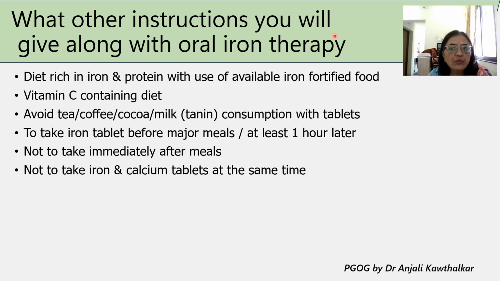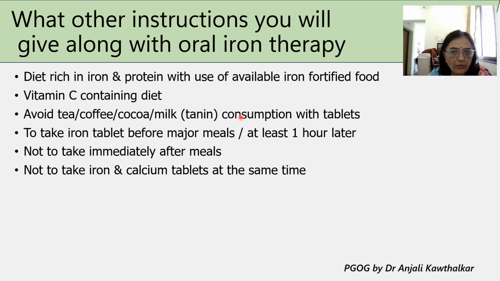What other instructions you will give along with oral iron therapy are: the patient has to take a diet rich in iron, protein as well as vitamin C, and if available, iron fortified foods are to be consumed. She has to avoid tea, coffee, cocoa, or milk, all containing tannin, whenever iron tablets are being taken, or even along with the food.